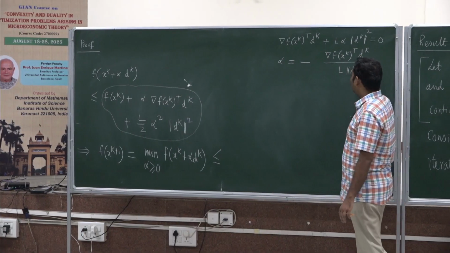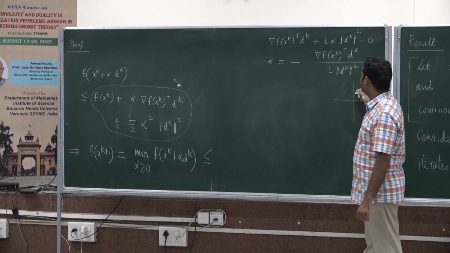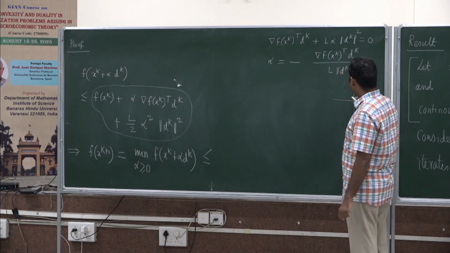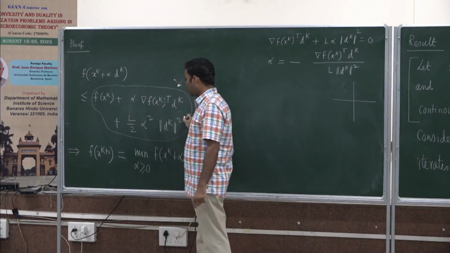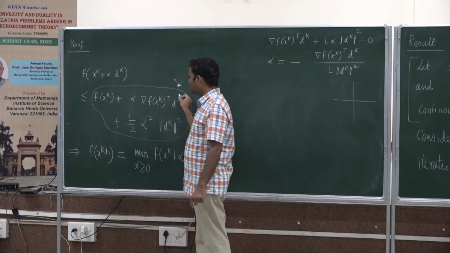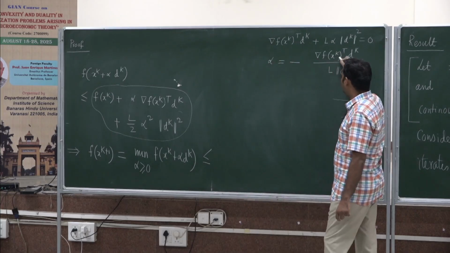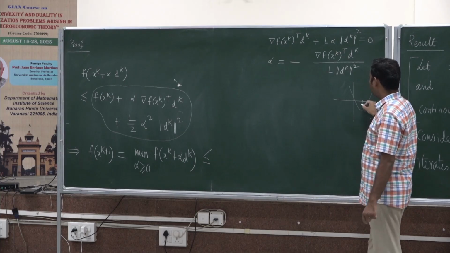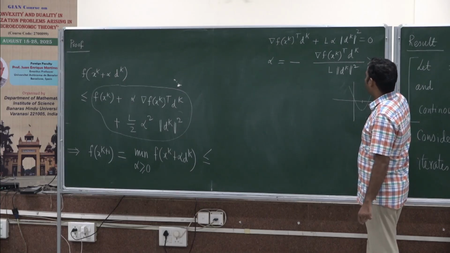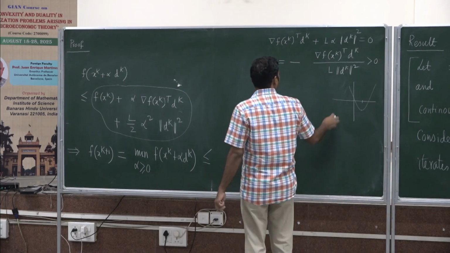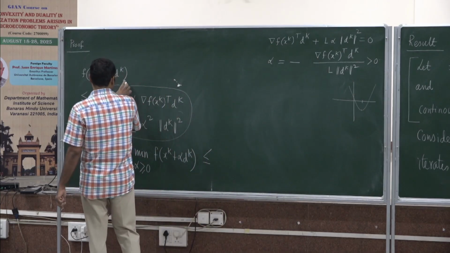It cannot be at exactly 0, because this constant here is positive, and this gradient of f(x_k) transpose d_k is negative. The minimizer is where alpha is strictly positive. Then we plug this alpha over here, and we get the minimum value of the right hand side.